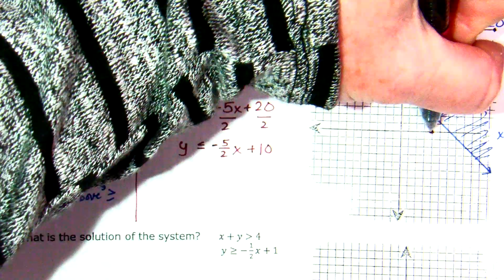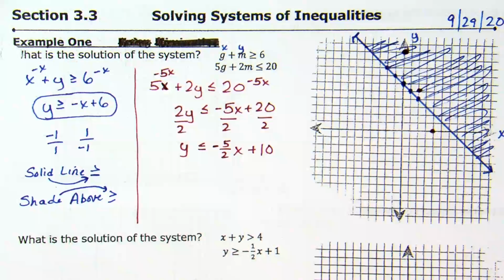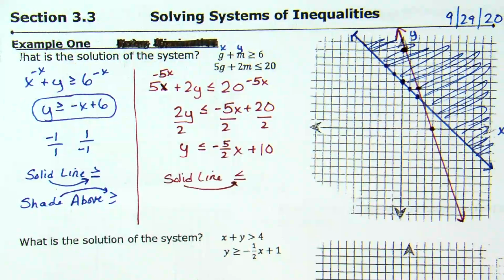How are you connecting those dots? Solid again, because it is equal to. And what's my other question? Where do we want to shade?